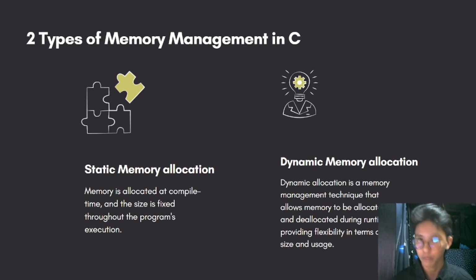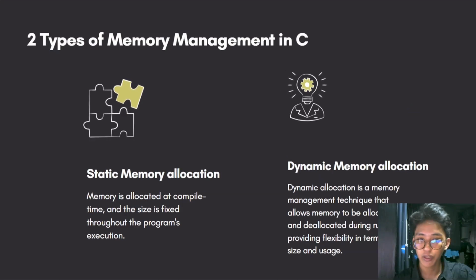Whilst dynamic memory allocation is a memory management technique that allows memory to be allocated and deallocated during runtime, providing flexibility in terms of its size and usage. So it's interchangeable during runtime. I will go deeper into dynamic memory allocation as we go on.